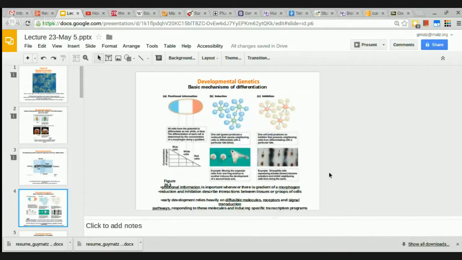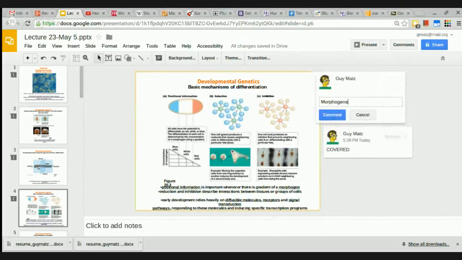And you have inhibitory activities. So the first one, the positional information, that's the model of the French flag, which I described to you. And the key point here is the influence of morphogens. So this definition of morphogen is very important to remember.